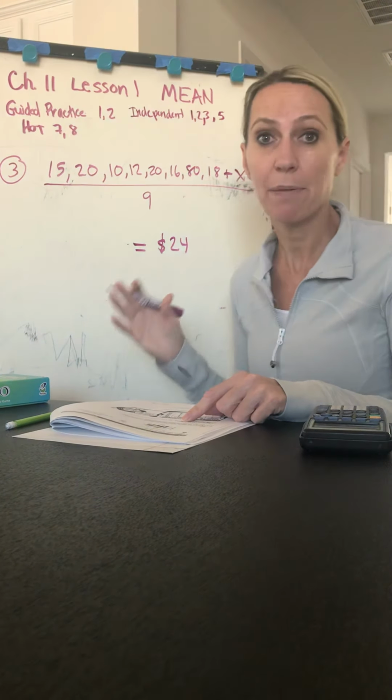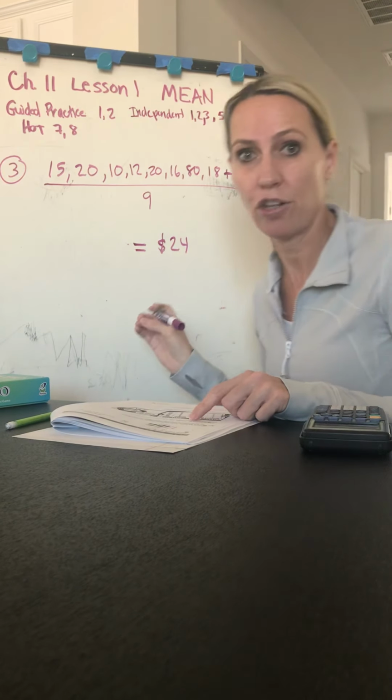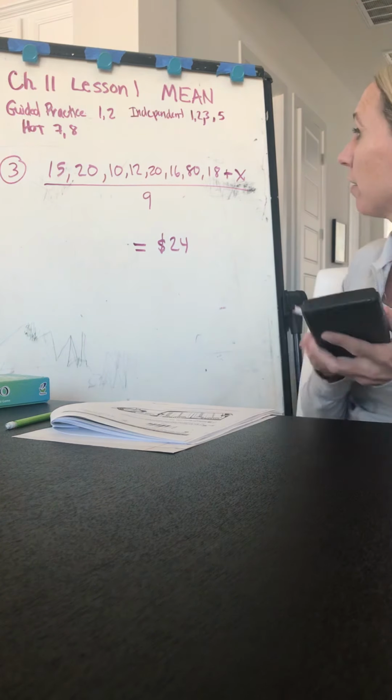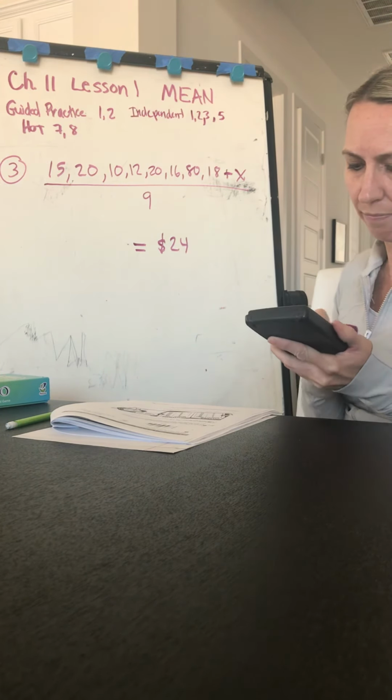So we're given that the mean was 24, and we have to find the missing data. This one takes a lot longer because you have to do a lot of algebra. So I'm first going to add these all up. So I get 15 plus 20 plus 10.